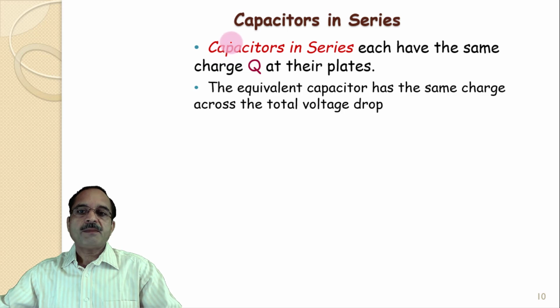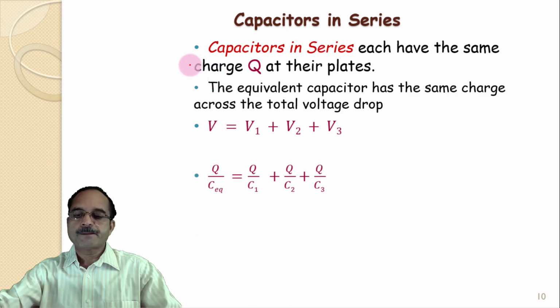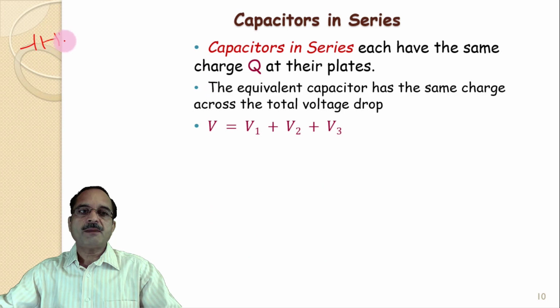So the equivalent capacitor has the same charge across the voltage drop. So if we assume 3 capacitors in series, then the total voltage across the combination is nothing but V1 plus V2 plus V3.